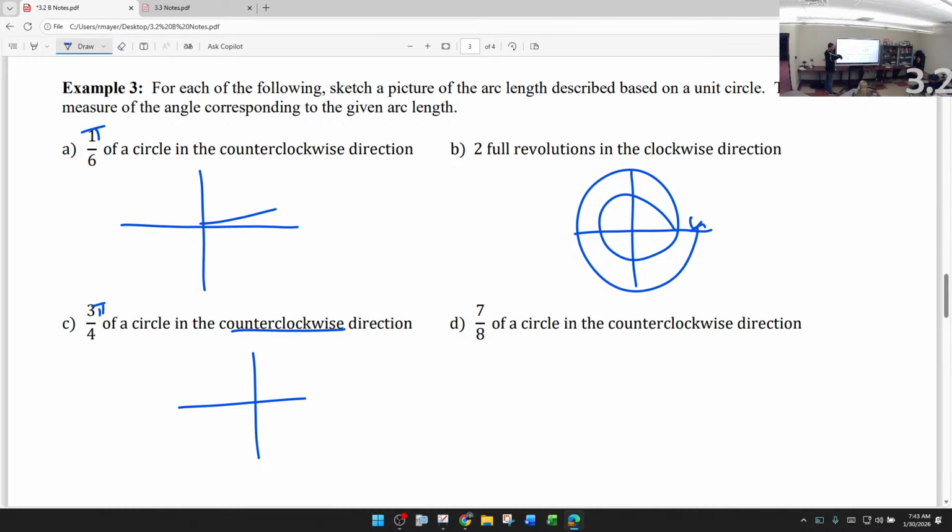Counterclockwise means the opposite of a clock. So 1/4, 2/4, 3/4. The thing that might mess you up is forgetting that it's 2 all the way around. So that's 8/4. This is 4/4. 3/4 is just up 1.